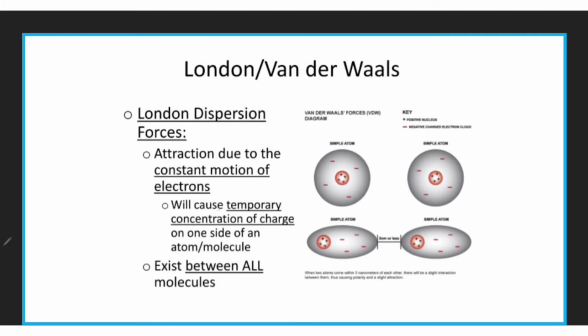This will cause a temporary concentration of charge, or cloud of electrons, on one side, and the other side will be positive. But that's temporary. So the temporary positive pole will attract the temporary negative pole.